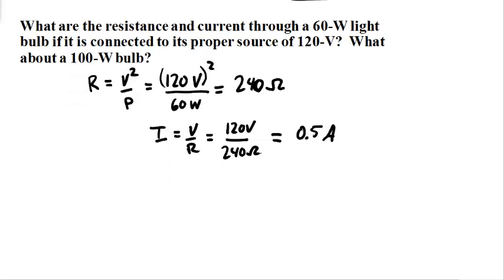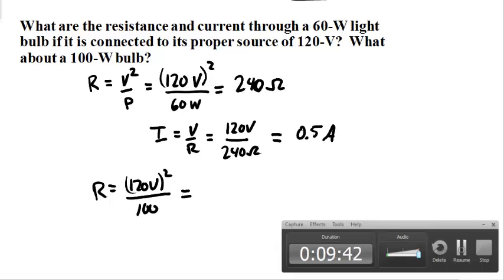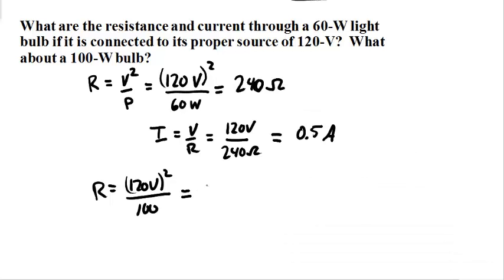Now if we have a 100-watt light bulb, we do it much the same. So my resistance will be 120 volts squared divided by 100. So that's 144 ohms.